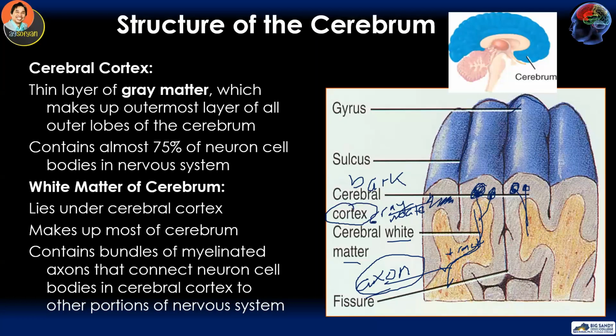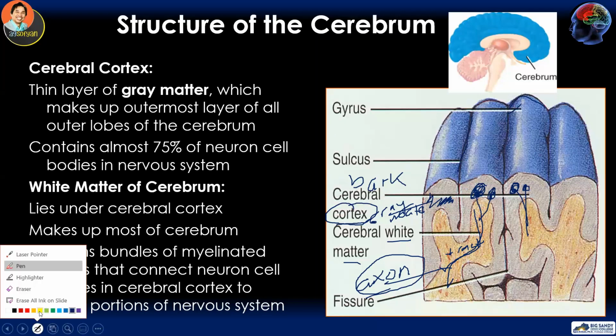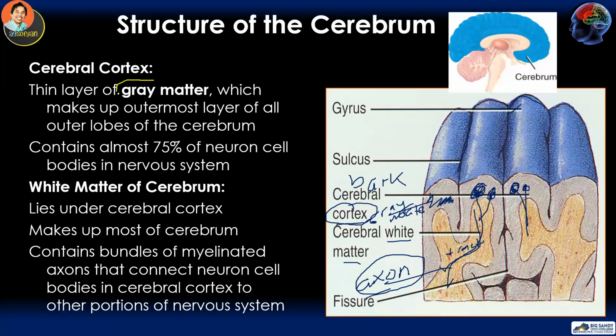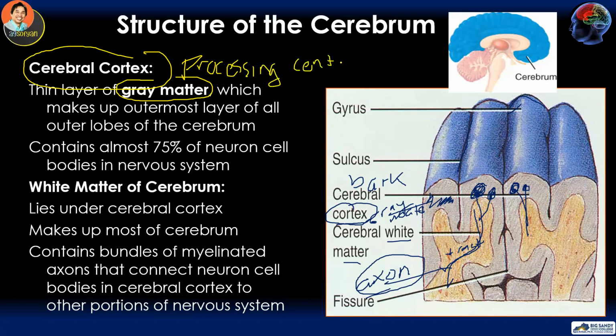Again, the processing center of the brain is the cerebral cortex, the gray matter.